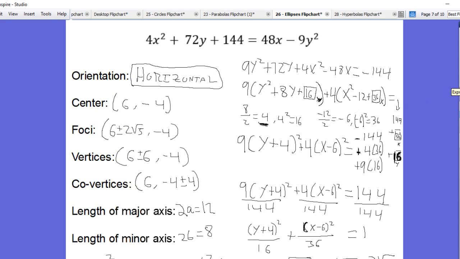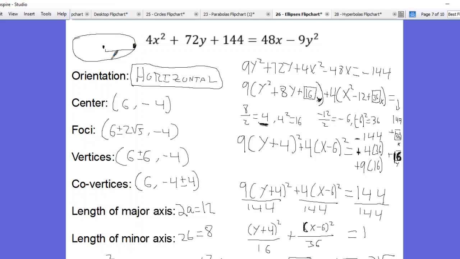Okay. Vertices and co-vertices? Yeah, sure. What is that? So for vertices, this is a horizontal ellipse. The vertices are the endpoints at the end of the major axis. So we have, this is the center, right? H, K. We have a vertex right here.